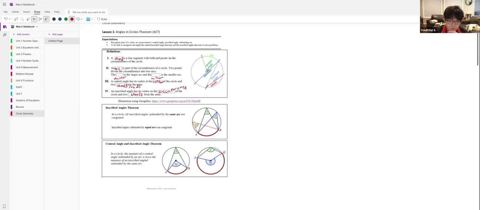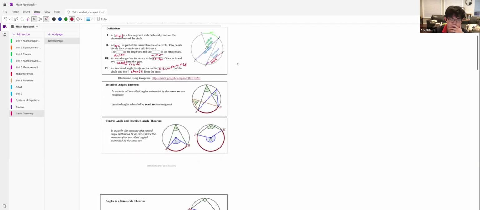And the same here. P and Q make this arc, and this central angle has twice the measure of this angle here, which is an inscribed angle. Does that make sense? Yes, no?